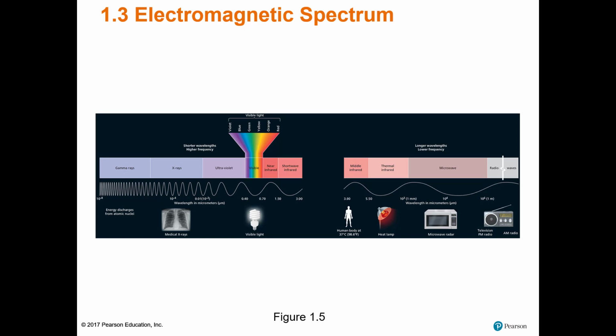Infrared is heat, and you can think of the human body at 37 degrees Celsius or 98.6 Fahrenheit, or a heat lamp. And then most of us are familiar with the microwave applications of radar and television, FM radio, and AM radio waves.